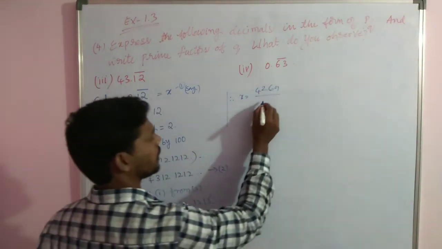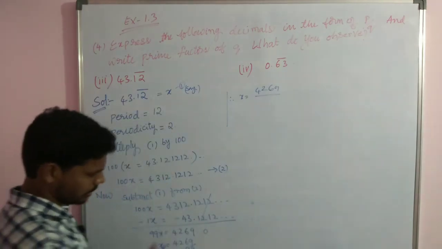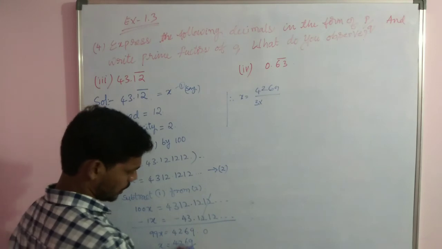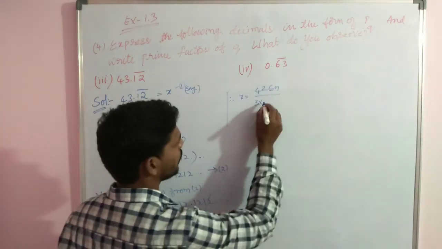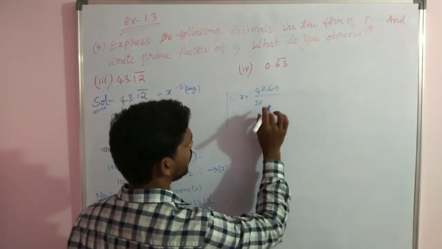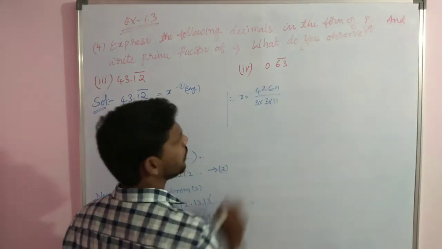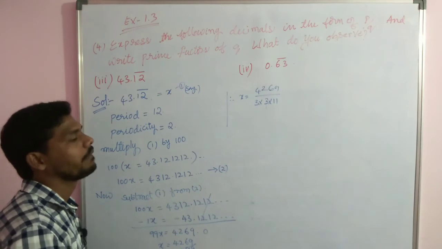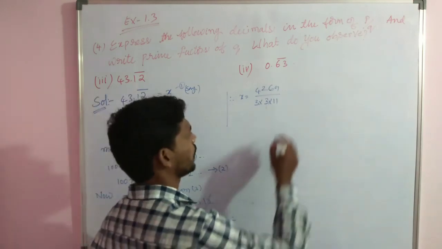How to write 99? It is 3 into 33, and 33 is 3 into 11. That is not in the form of 2 powers and 5 powers.